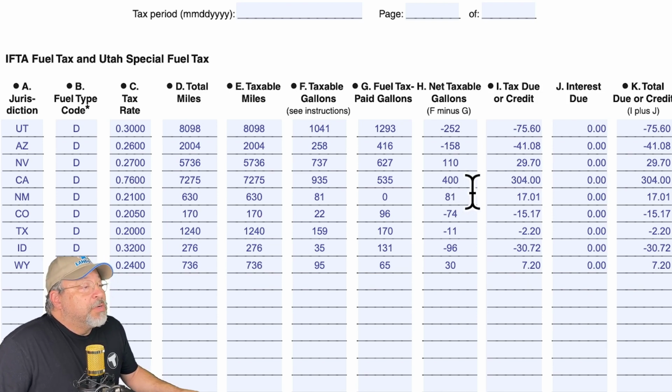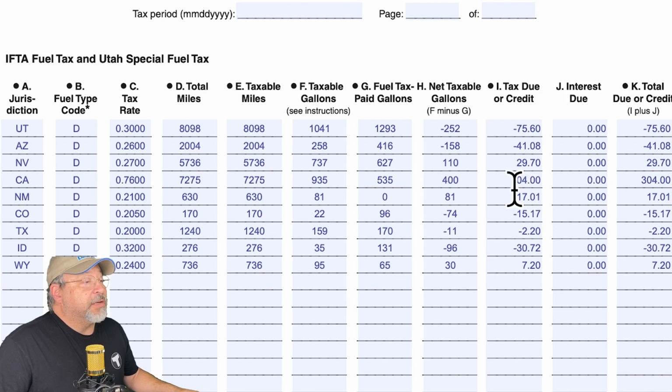I owe 76 cents per gallon. So that's 400 gallons, and when you figure that out, 76 cents times 400 comes up to $304. So that's what I owe for California.